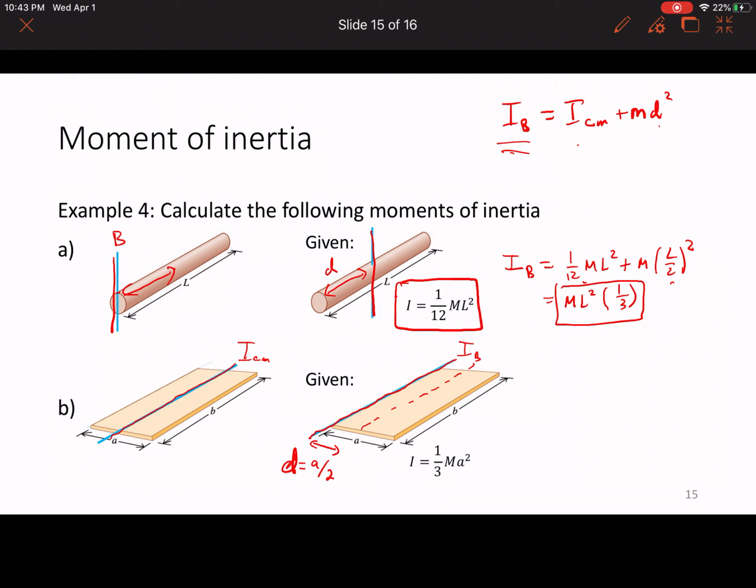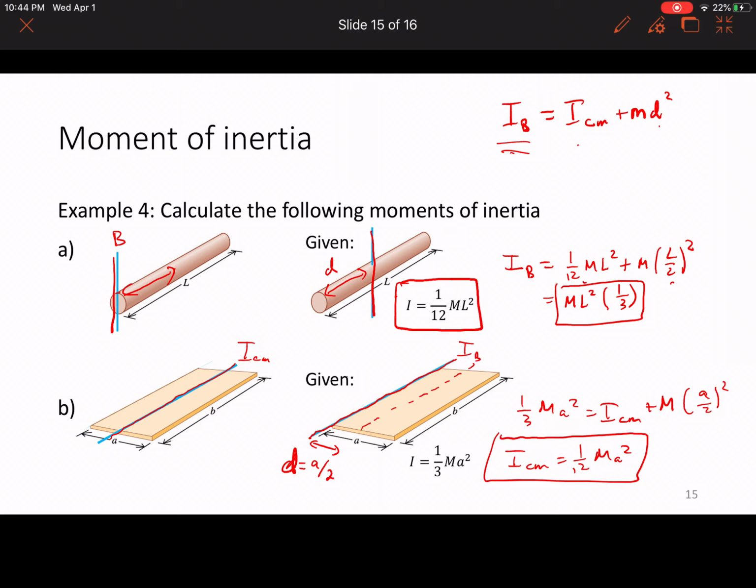So it's just a slightly backwards use of this formula. I have IB, which is 1/3 ma squared, is equal to I about the center of mass. They're parallel axes, that's very important, plus the mass times distance, a over 2 squared. And when you solve this for I center of mass, you will find 1/12 ma squared, which is indeed correct. And is what you'll find in the formula sheet.